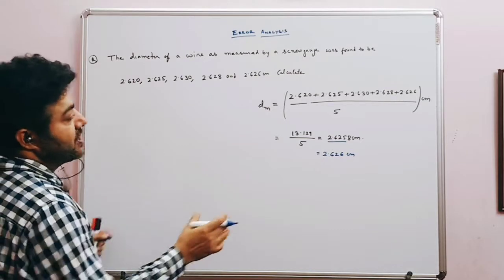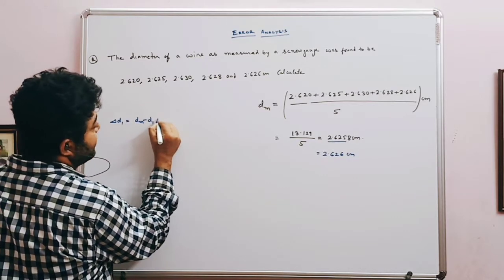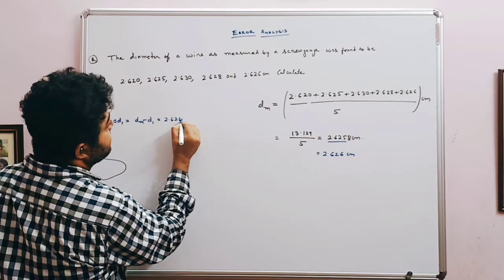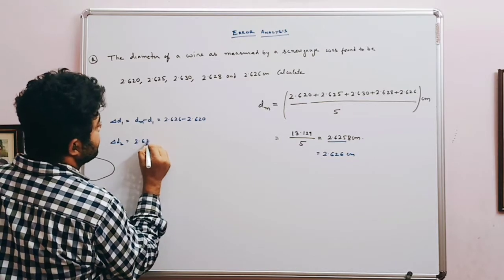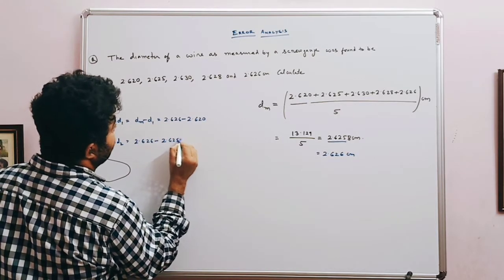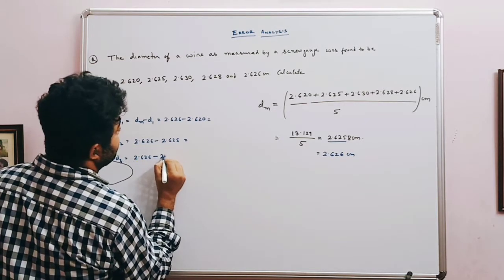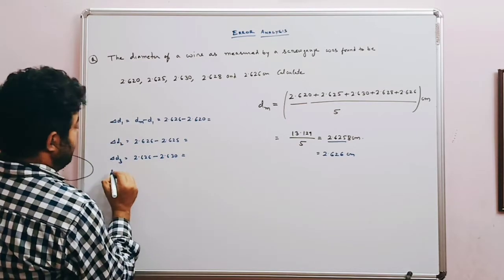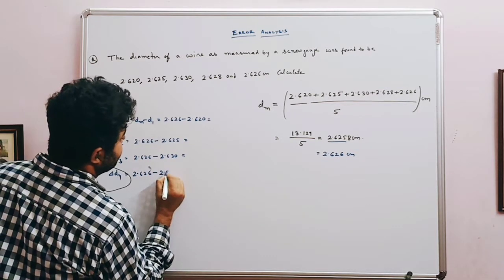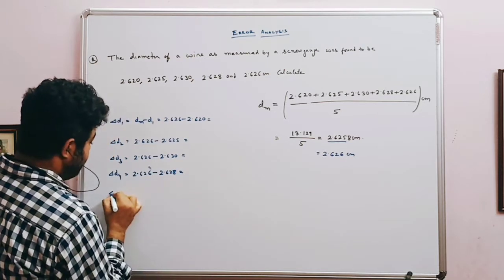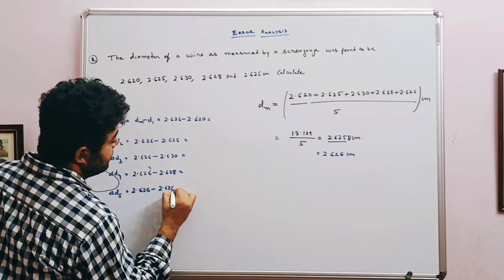Now, after getting this value, you have to find out the absolute error. So now this one is your mean value. Now the absolute error: D mean minus D1, what we can write? 2.626 minus 2.620, 2.626 minus 2.625, 2.626 minus 2.630, 2.626 minus 2.628, and D5 is 2.626 minus 2.626.